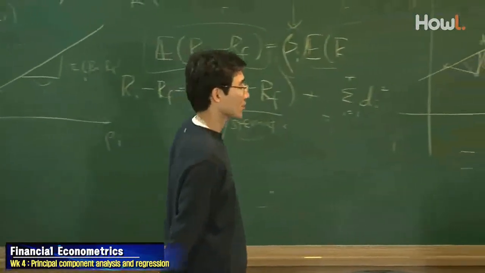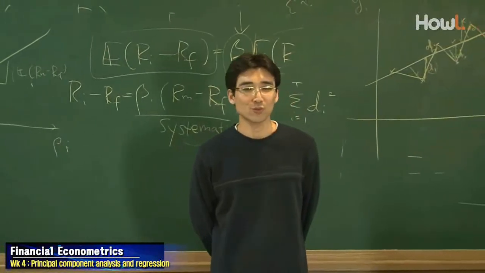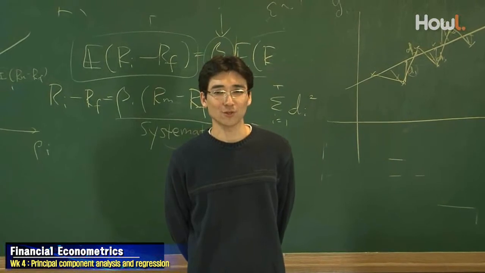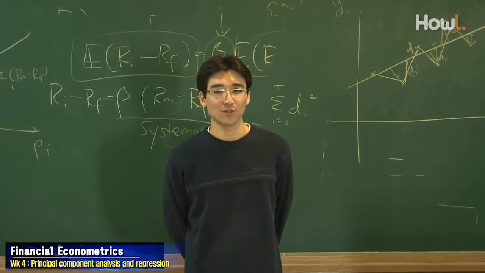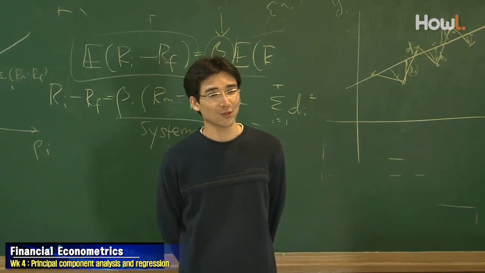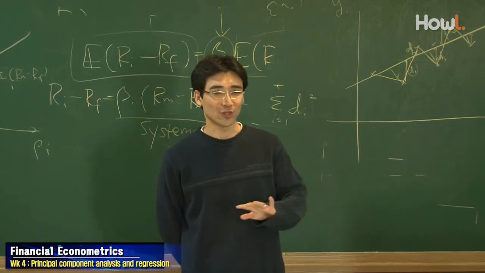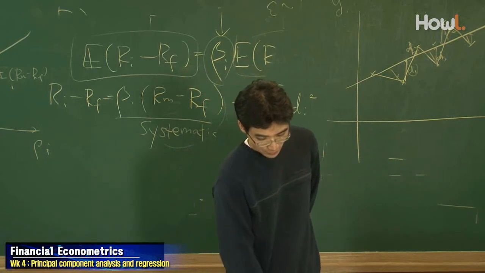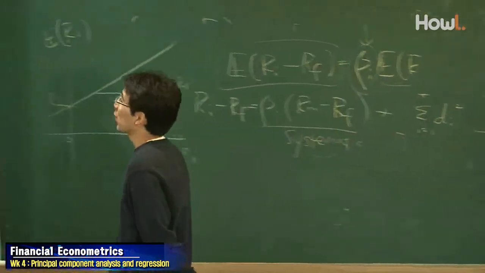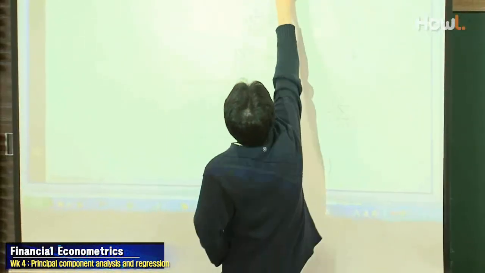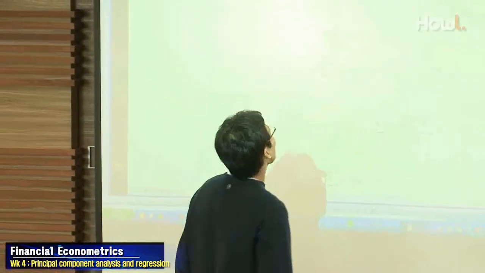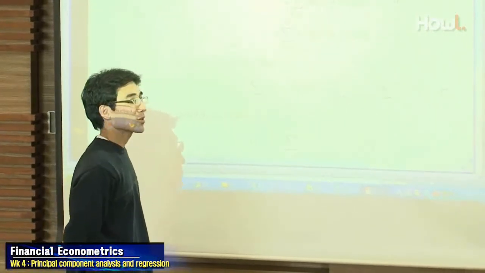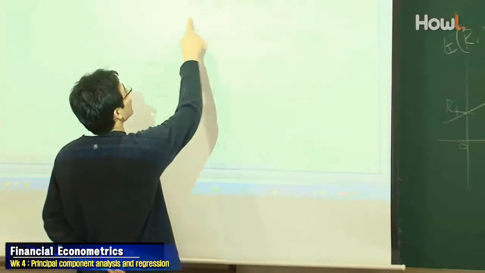To minimize, all you have to do is get the first order condition. Take derivatives, do the differentiation and find the solution. Now you all know differentiation, right? So we have this function, and we can take the derivative with respect to alpha, which gives us this equation.